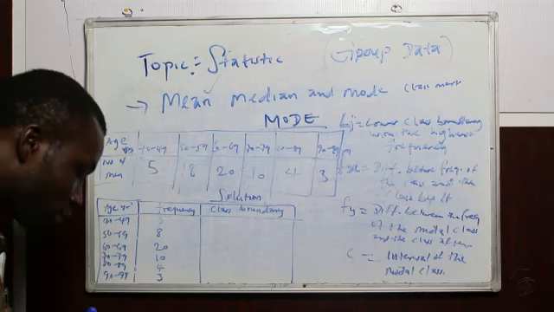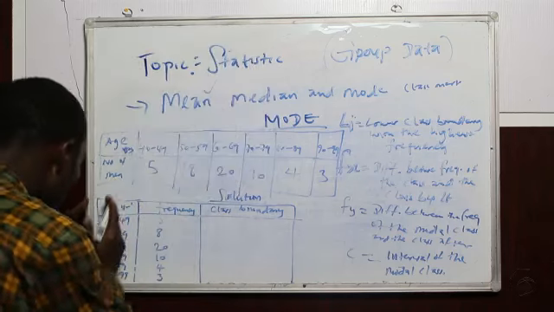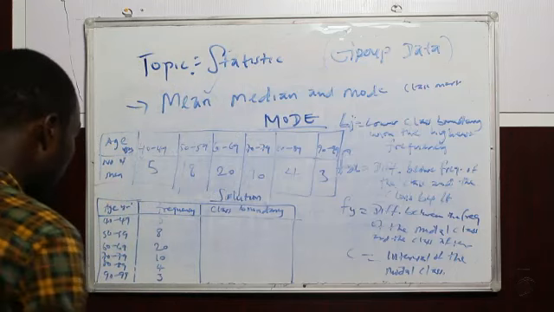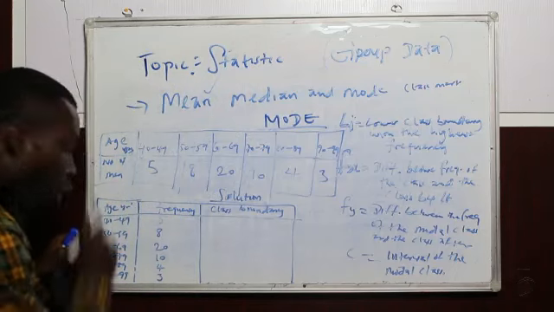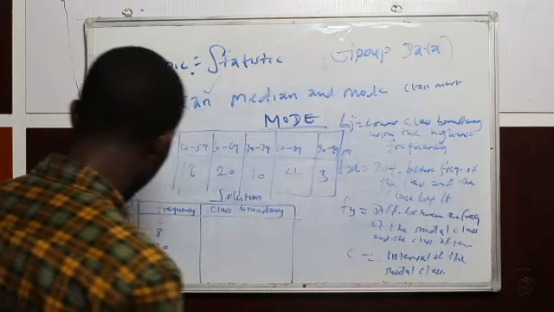Now the class boundary, I told you that we have upper class boundary and the lower class boundary. We deduct 0.5 from the lower class limit and add 0.5 to the upper class limit.